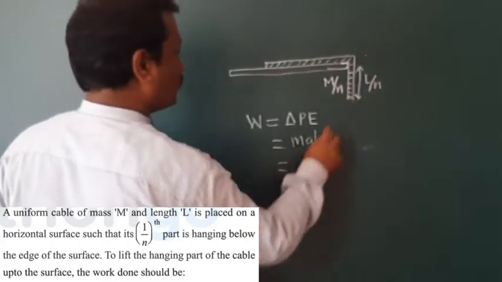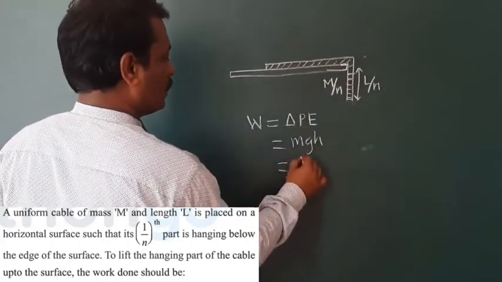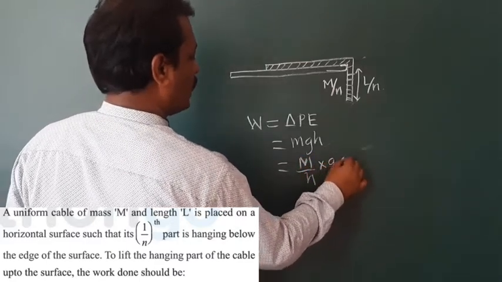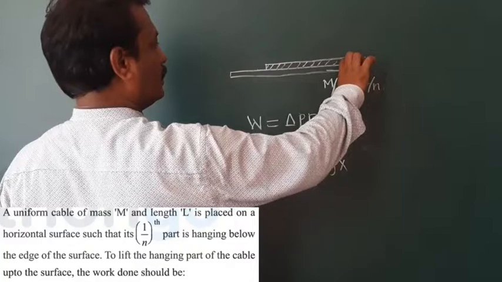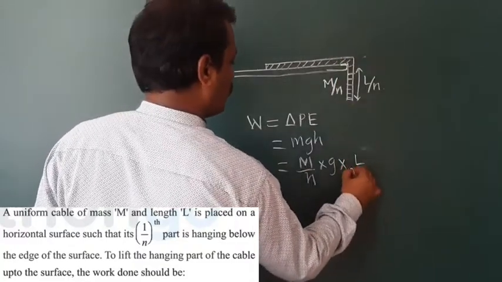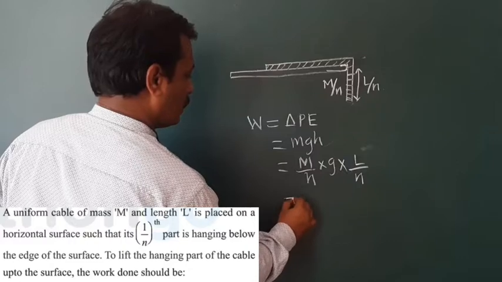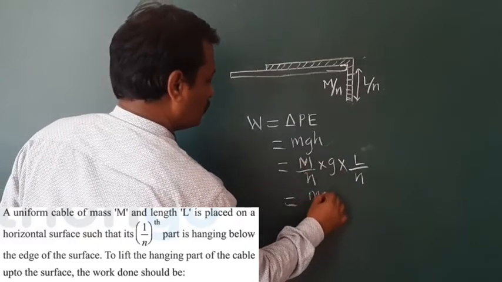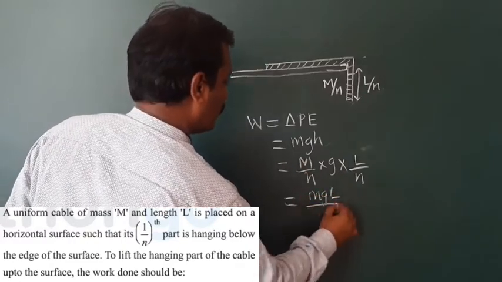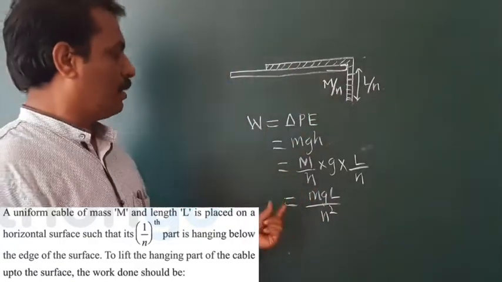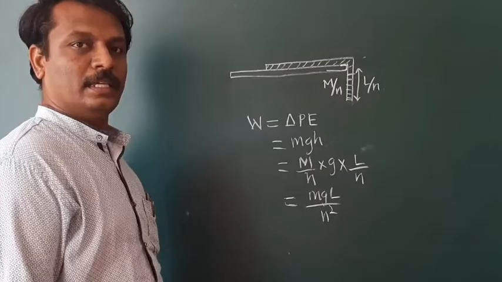So here the mass of this cable is m by n, into g, and into height. Height is how much? L by n. So this will be mgL by n square. Therefore, the work done in lifting this cable is mgL by n square.